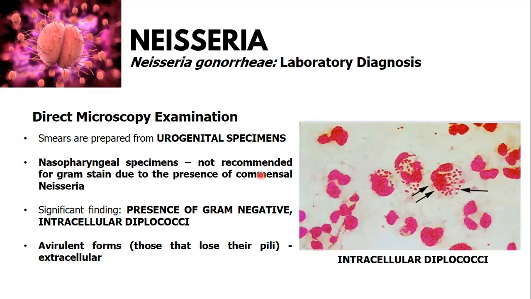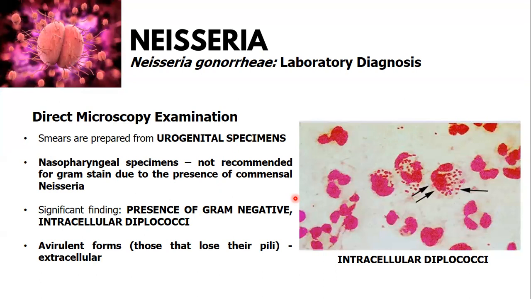So take note, these are the significant findings that would help us presumptively identify the presence of Neisseria gonorrhoeae. However, take note that since this is presumptive, it is not conclusive. Meaning to say that if we are able to observe the presence of gram-negative intracellular diplococci, it may suggest the presence of Neisseria gonorrhoeae, but it may also suggest the presence of other Neisseria species and other bacteria sharing the same morphology and arrangement.